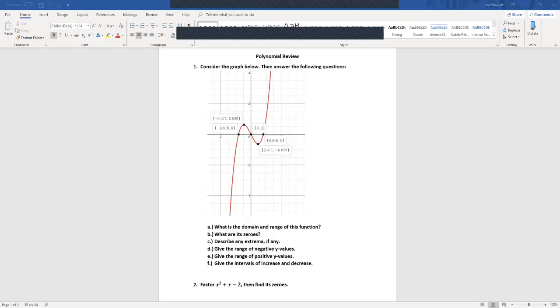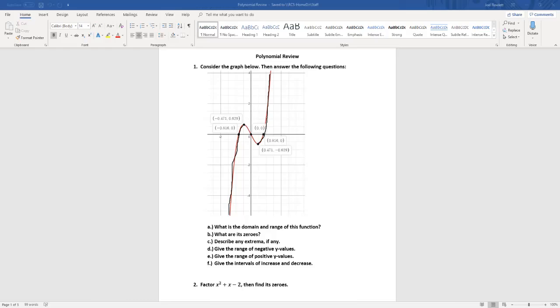Part F, give the intervals of increase and decrease. Well, the function is increasing whenever it's climbing up, right? So we're increasing here, and we increase here. So it's increasing on the interval where x goes from negative infinity all the way to negative 0.471.